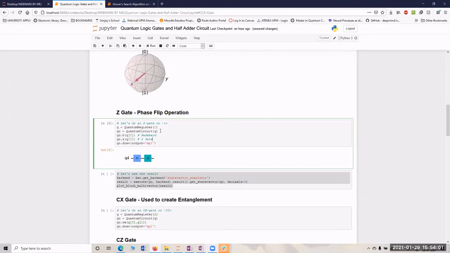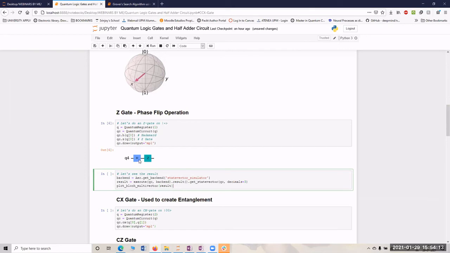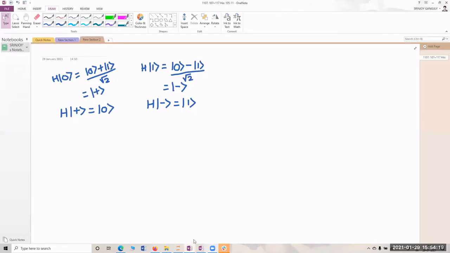And you always start with a quantum register, you make a quantum circuit, and then you start applying. These are all single qubit operations. And here also you can visualize the state. Since you have applied H to the 0 qubit, that means you are in this state.